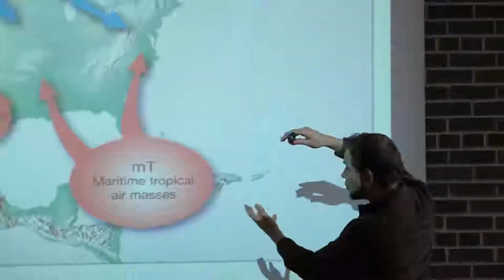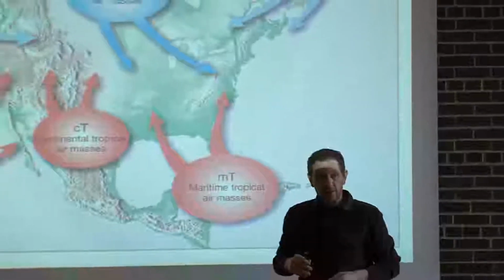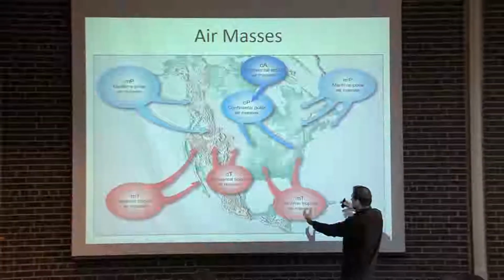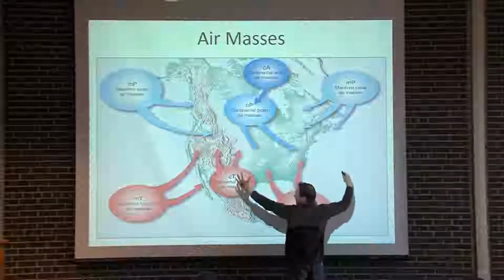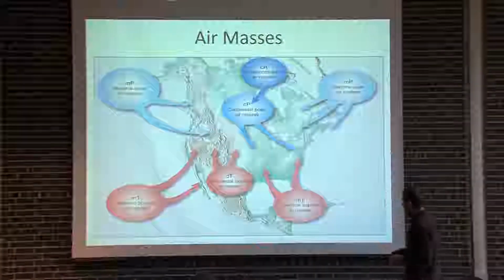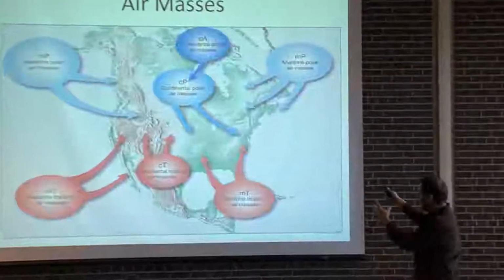It migrates a little bit north and south throughout the year, during the changes of the seasons, and its extent can be rather confined or it can be rather extensive. It depends again on time of year and other weather factors going on in nearby systems.